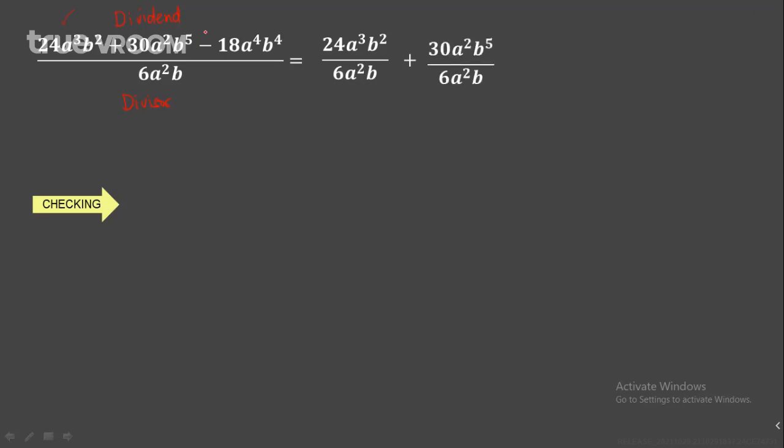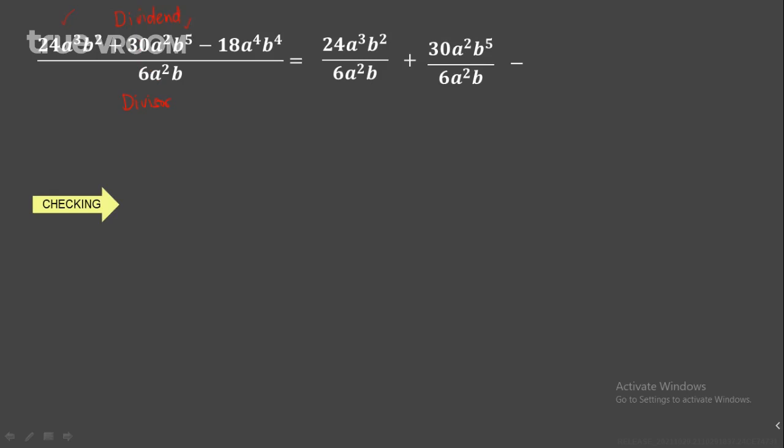All right, minus. Now what is our third term? 24 done, 30 finish.